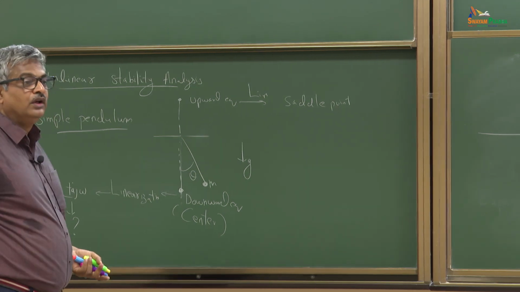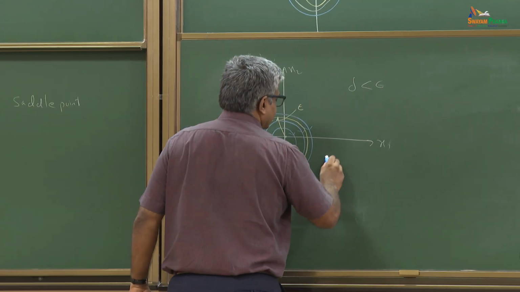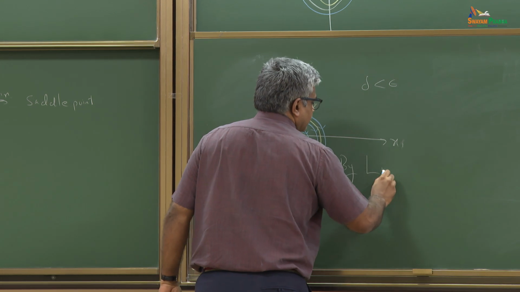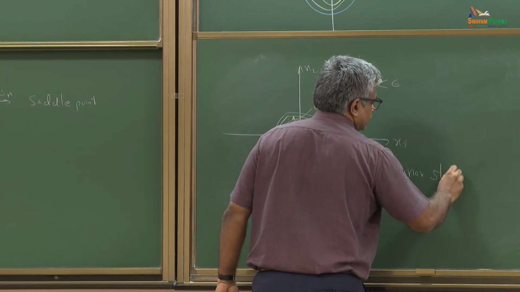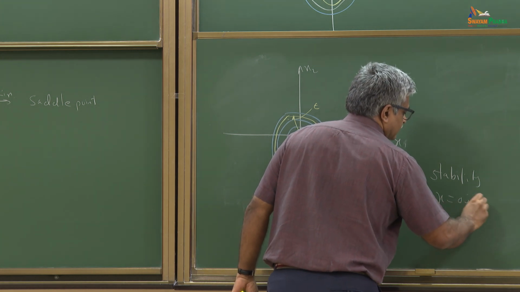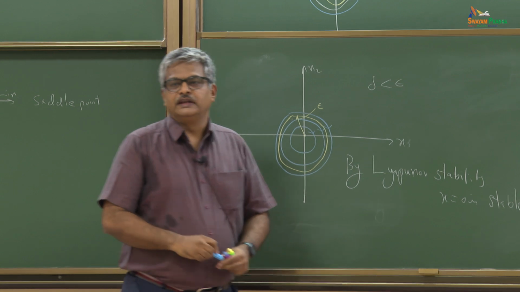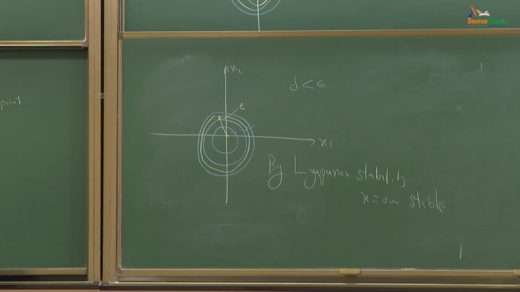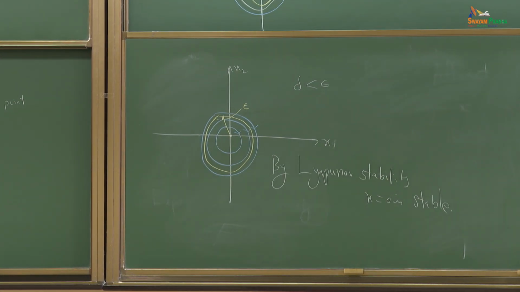So now we can conclude by Lyapunov stability that the origin is stable, which the linear technique did not allow us.